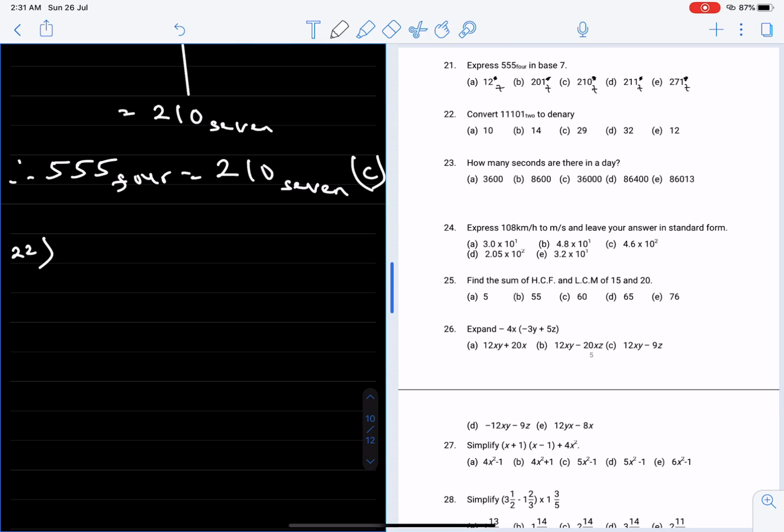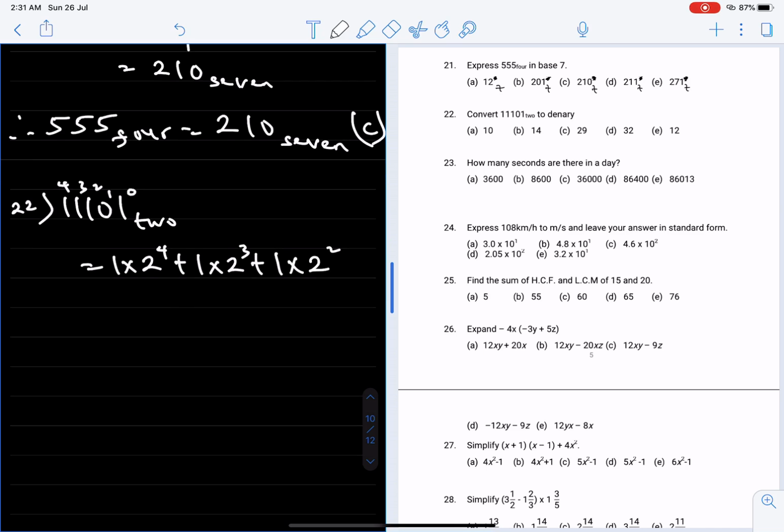Now straight to the next, number 22. Convert 11101 base 2 to denary. Denary is the same as base 10. And that simply means, of course, the same way, 0, 1, 2. You remember this trick, 3, 4. And that's 1 times 2 raised to power 4 plus 1 times 2 raised to power 3 plus 1 times 2 raised to power 2 plus 0 times 2 raised to power 1 plus 1 times 2 raised to power 0.